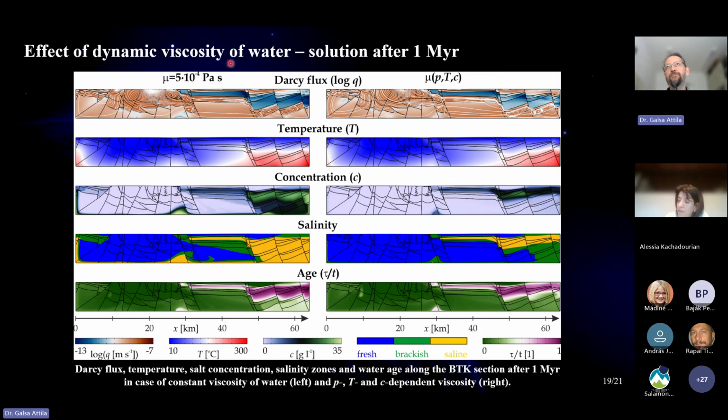Why? So we incorporated into our model the pressure, temperature, and concentration dependent viscosity, and repeated our simulation along the BTK, along the Buda-Therma karst system. We experienced that the main conclusions remained unchanged.